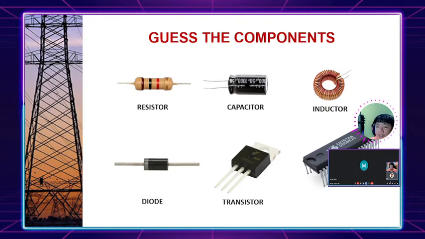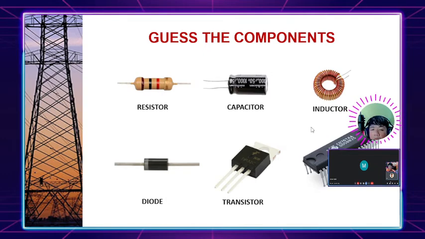In one IC, it could consist of thousands of capacitors, transistors, diodes, and inductors. It is small, but it has many functions. This is the most common component in electronics, aside from the resistor, with many functions and applications.